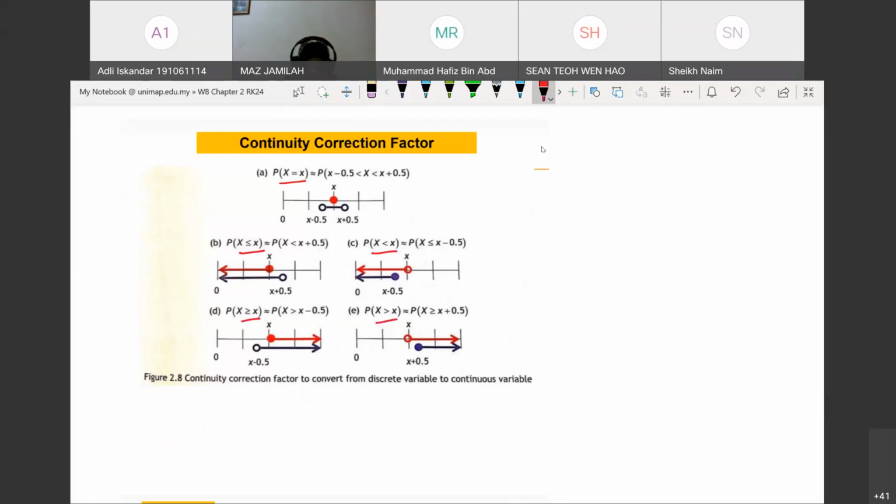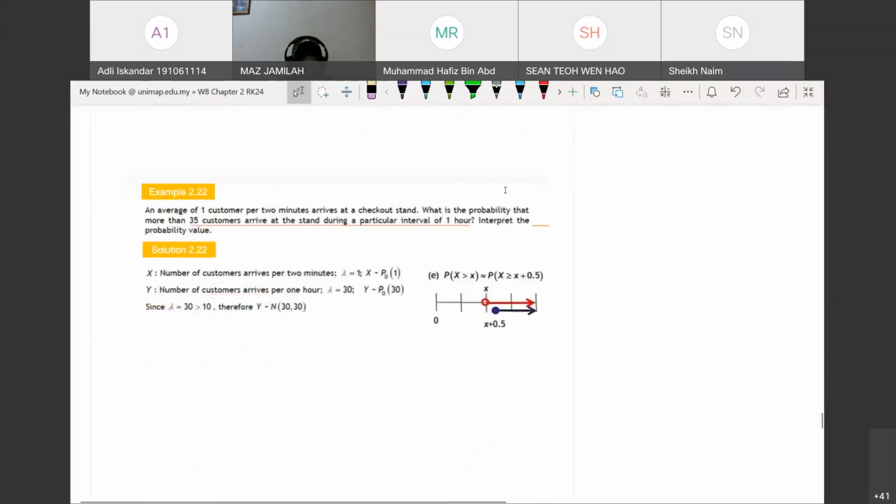Okay, so let us look at the example that you have in your textbook. That will be on page 67. Okay, example 2.22. Your example has somewhat been rearranged in terms of the sentences, but the gist is still the same.